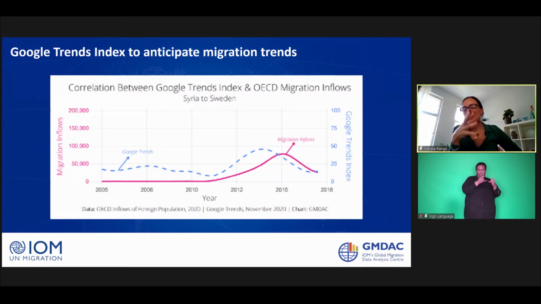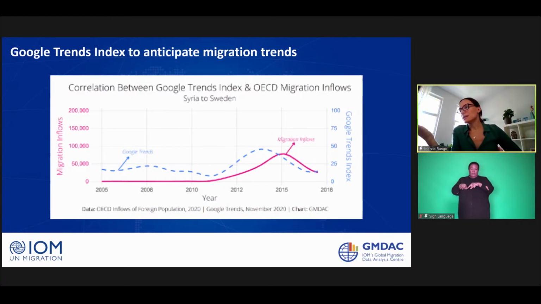And so we've looked at the migration-related terms searched on Google in different countries to sort of try and see if we could identify some patterns of migration intentions that would correlate or not with official migration statistics for certain bilateral corridors, country of origin and country of destination.